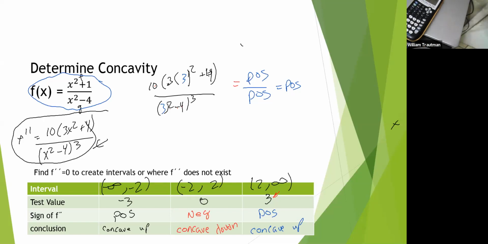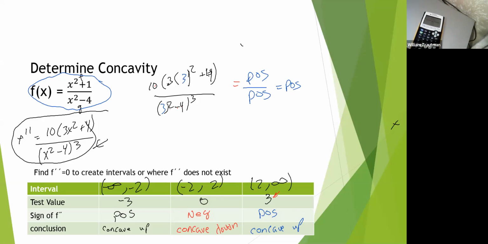And if we look at our intervals, from negative infinity to -2 right here, do you see how this is concave up? It's concave up. From -2 to 2, the graph is concave down. And from 2 to infinity, the graph is concave up. So there's a graph. Perfect.